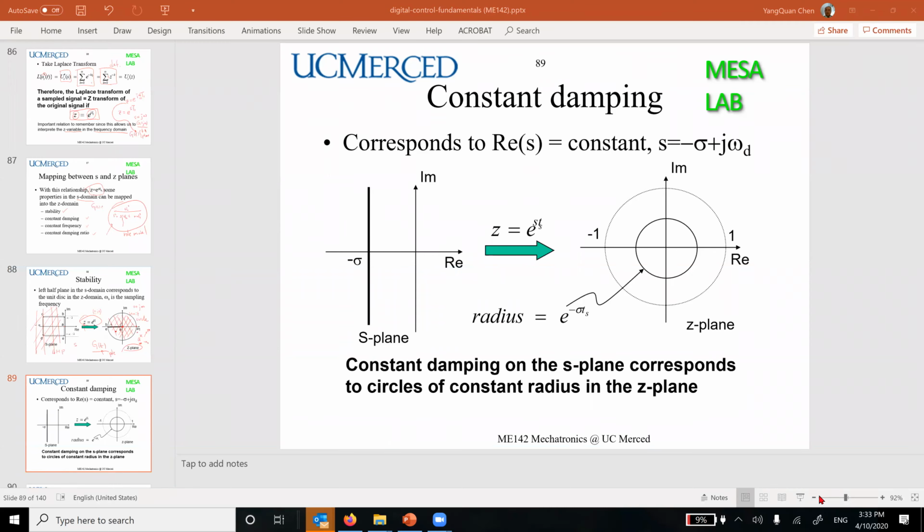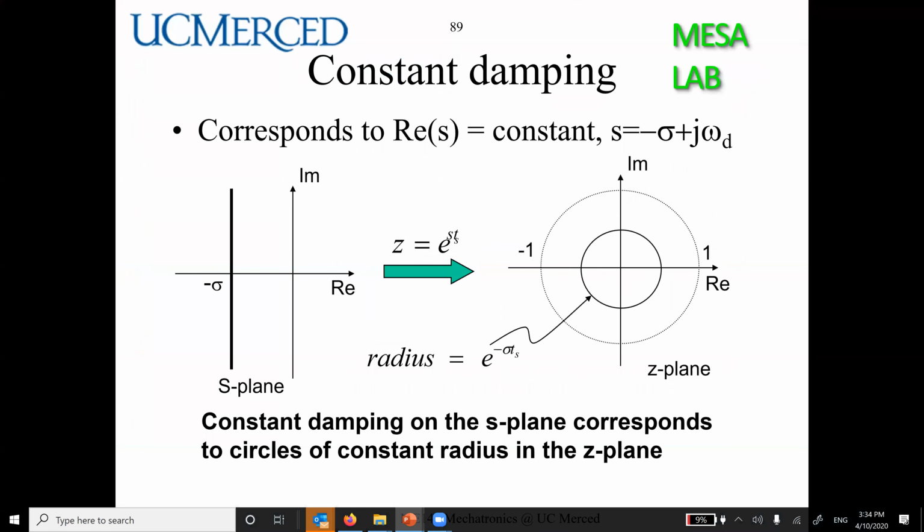Okay, let's come back to talk about constant damping. Constant damping basically is this line. You have a real part that is a constant. It's called constant damping. Then if you have a pair of poles in here, you always have e to the power of minus sigma t to decay for sure.